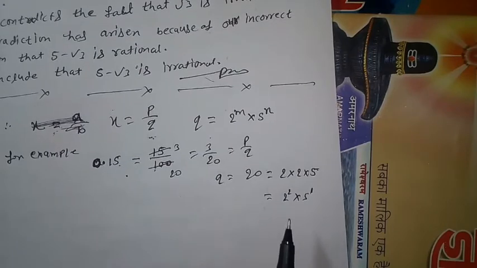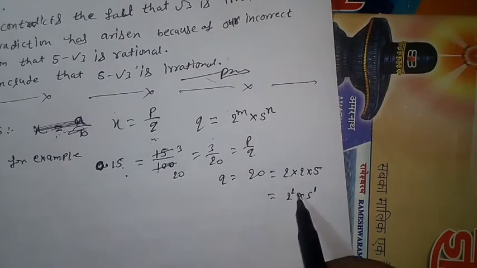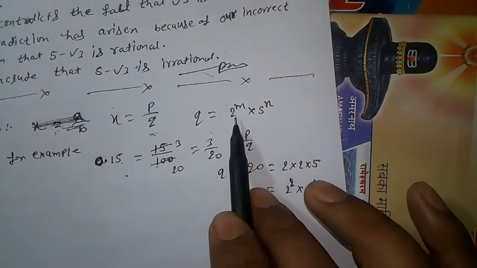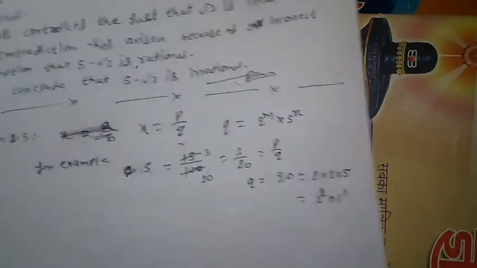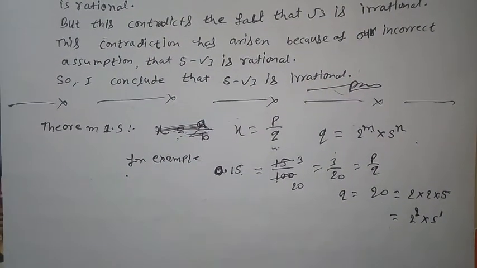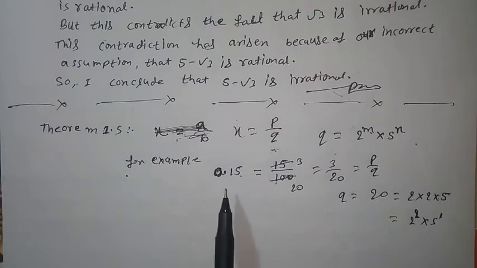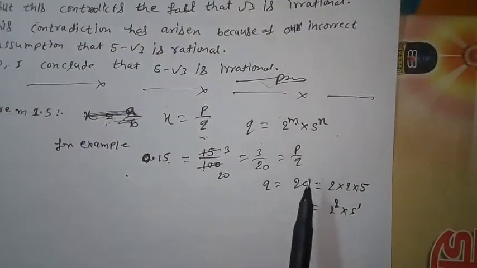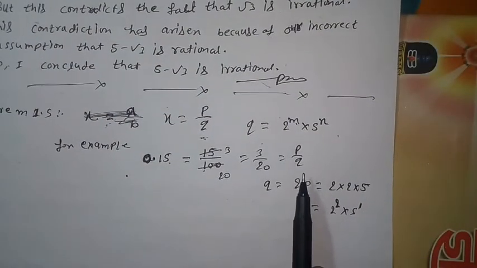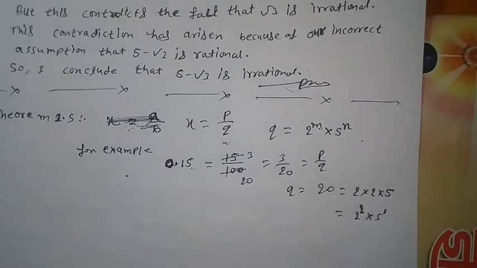It means this is written in the format 2 to the power m into 5 to the power n. So theorem 1.5 says any number in the form of a terminating decimal is written as p by q, and the prime factorization of q is of the form 2 to the power m into 5 to the power n.